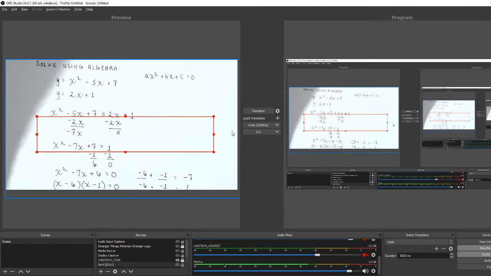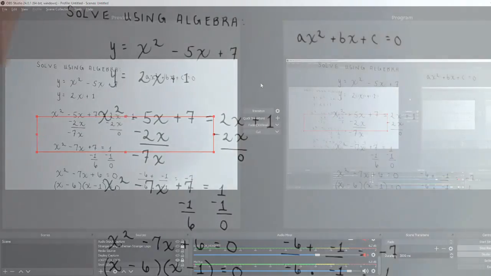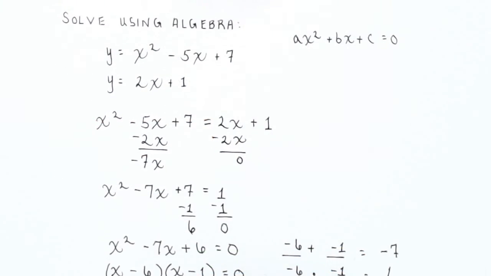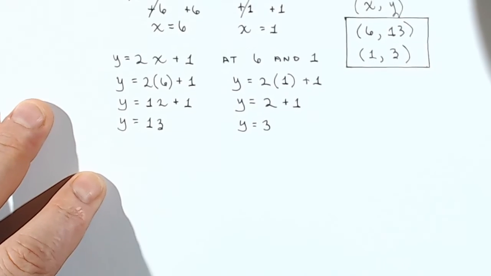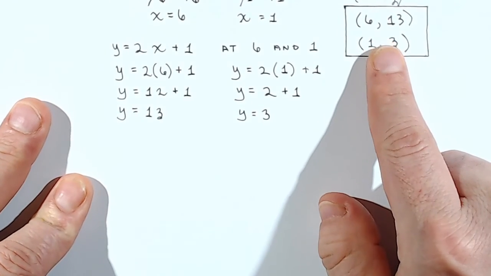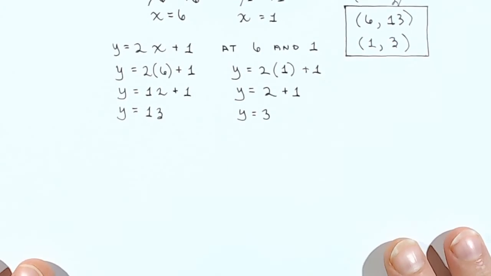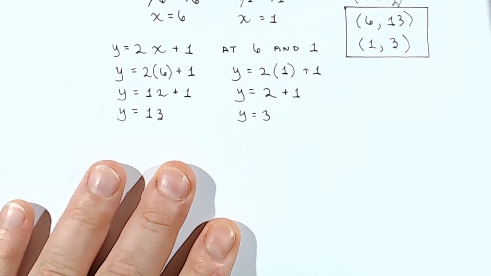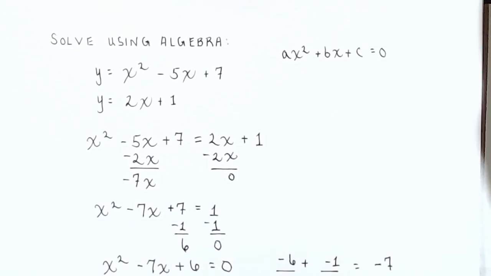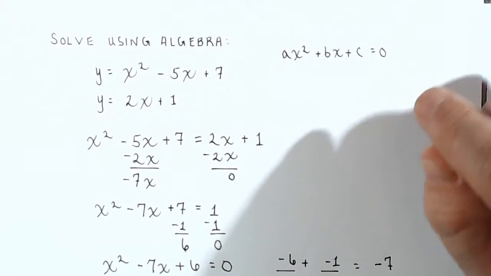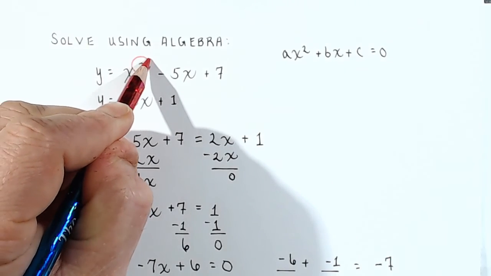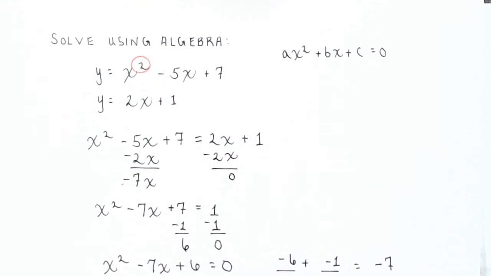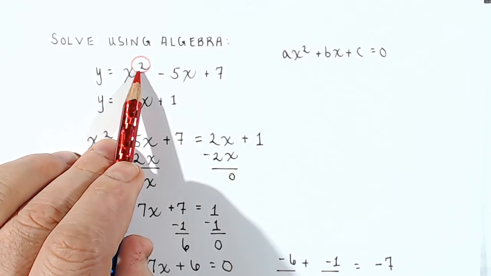Right? So let's get back to our work surface here. So we were able to verify that this system has these two solutions, which we found algebraically. Just as a hint, we know that there will be two solutions because the highest degree, in other words, the highest exponent, is 2.